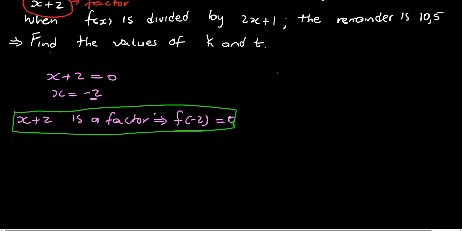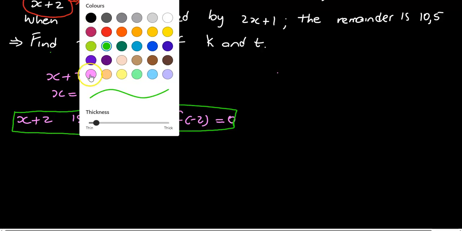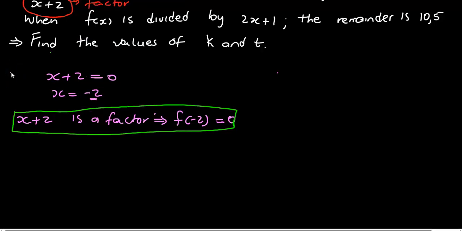So from this, we find f(x) now. You know that f(x) = kx^3 - 3x^2 + tx + 6.